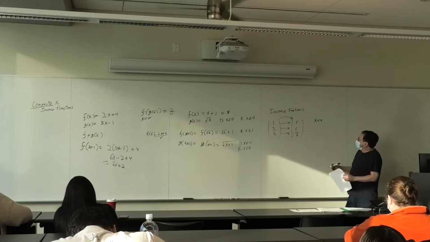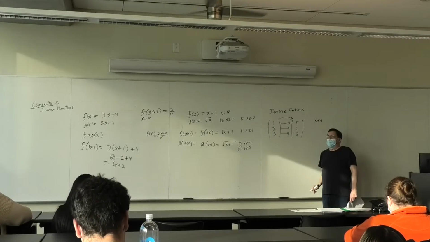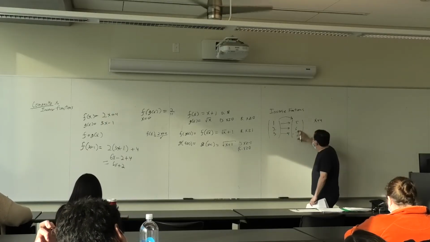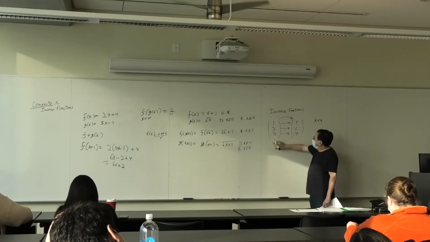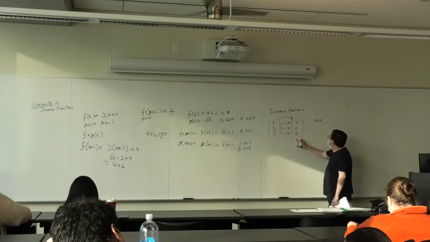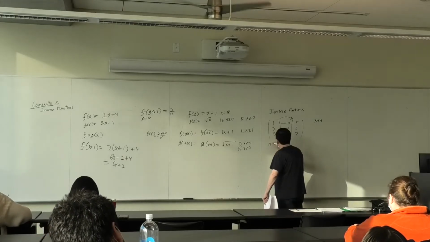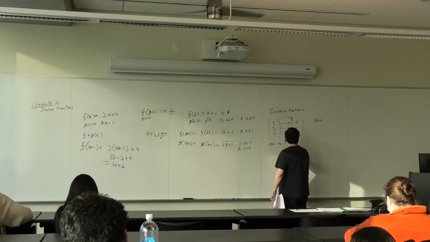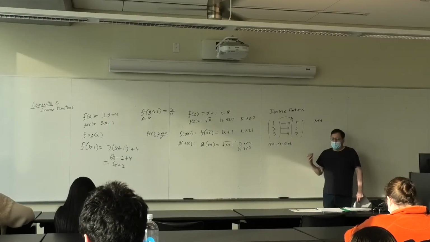Now, some functions like this are what we call one-to-one. That is, each element in the domain has exactly one element in the range. And that's called one-to-one. But you might not have that.